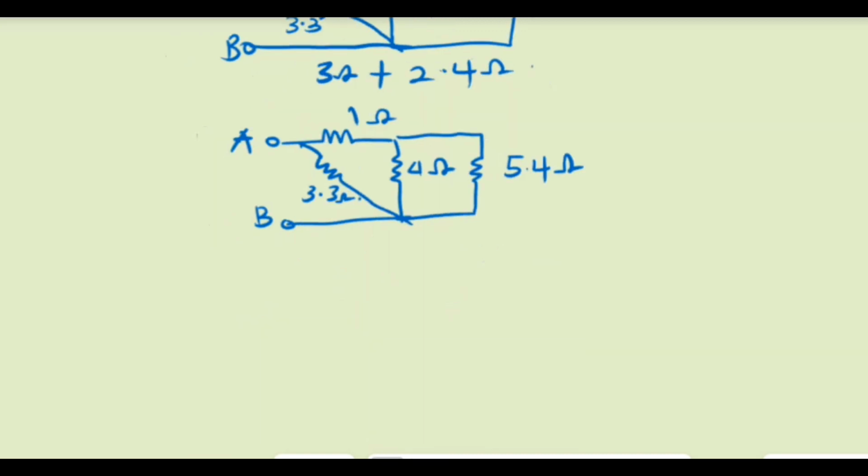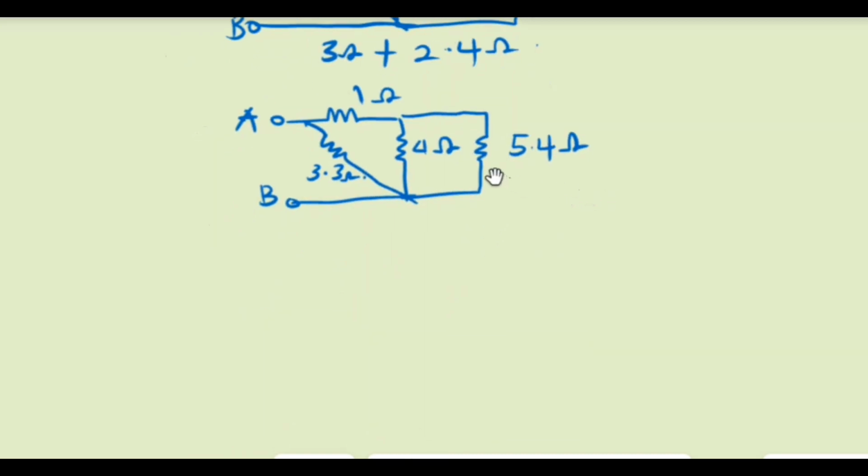So still working on the farthest part of the circuit, you realize that our 4 and 5.4 ohm are in parallel because when I take this branch, there is a node here and the current will split to pass through them, hence they are in parallel. And when I traverse through them to this side, I wouldn't meet any other elements in the circuit. For that reason, these two are in parallel.